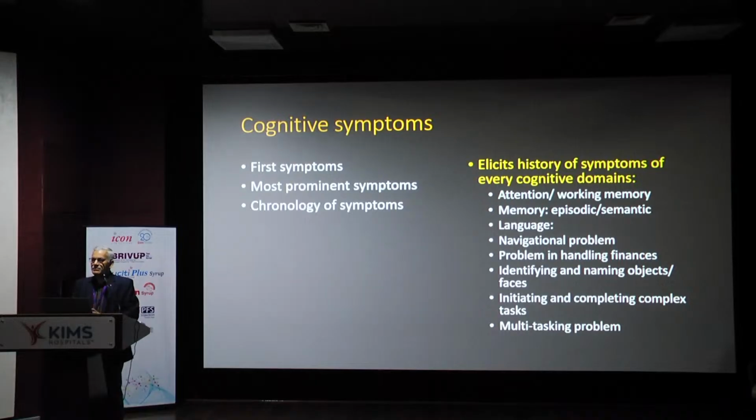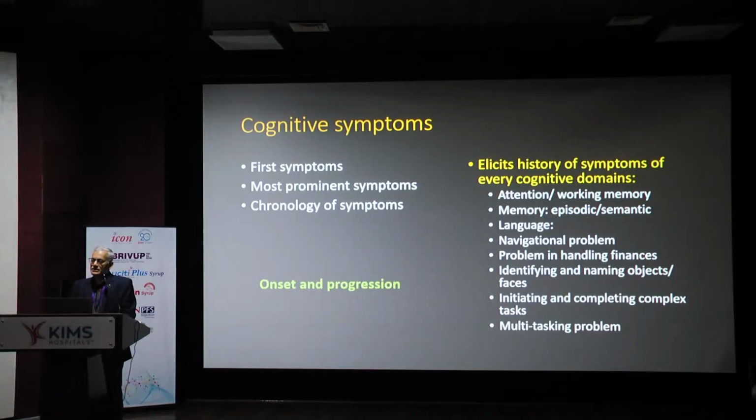You might have some other problem as well, and inquire about whether the patient has a language problem, navigational problem, problem in handling finances, identifying and naming objects, initiating or completing a complex task, or multitasking problem. Forgetfulness is a universal thing. Forgetting the name of an individual may come with forgetfulness. Forgetting the route may be forgetfulness. So forgetfulness doesn't mean that the patient has episodic memory problem and is having Alzheimer's disease.